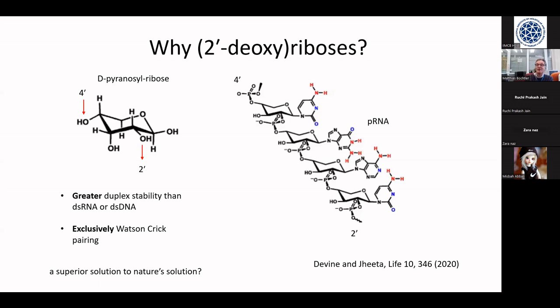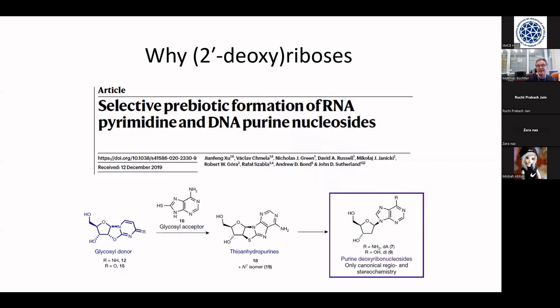So the question then, of course, is why would nature still choose the riboses and deoxyriboses? And one of the possible answers is that there are good prebiotic routes how you could make these building blocks.